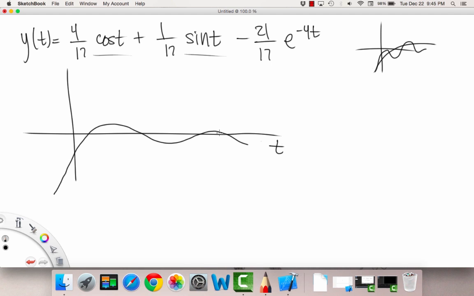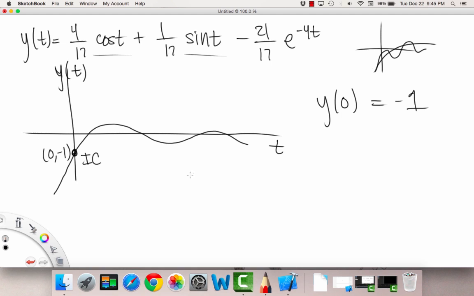And this graph is graphing y against t, so our y of t and our t are here. This is a sketch of what our graph actually looks like. As for our initial condition, remember that was y of 0 is equal to -1, and that would be right here. That's our point (0, -1).